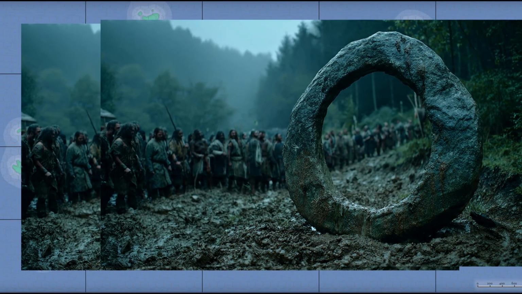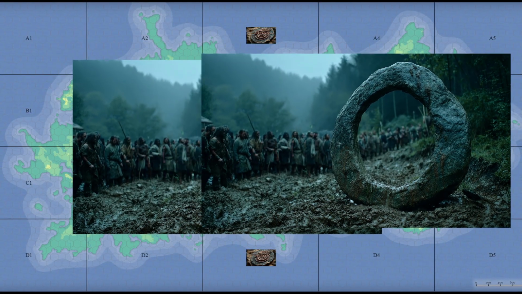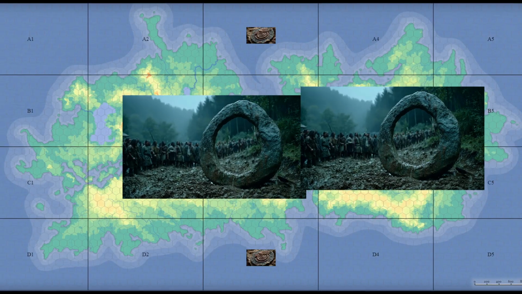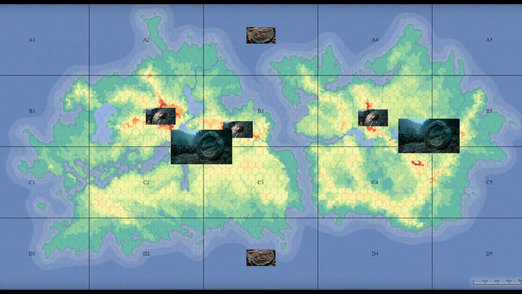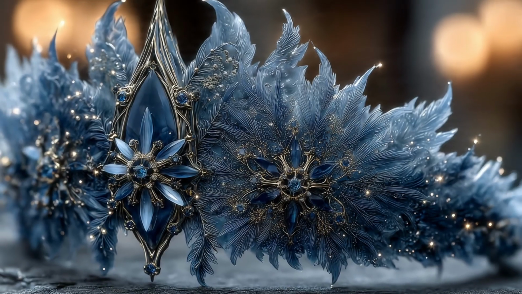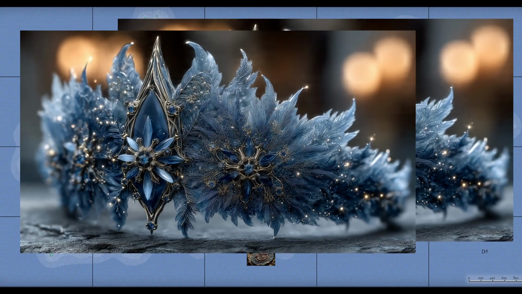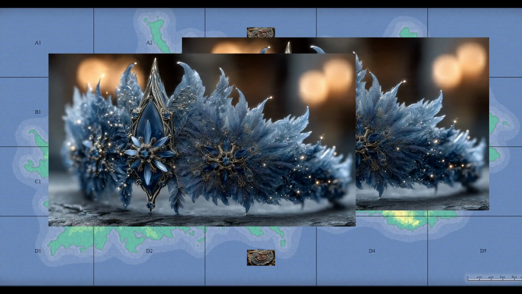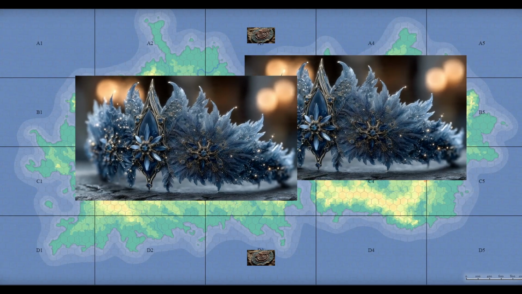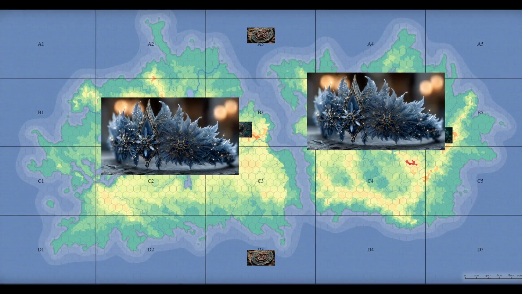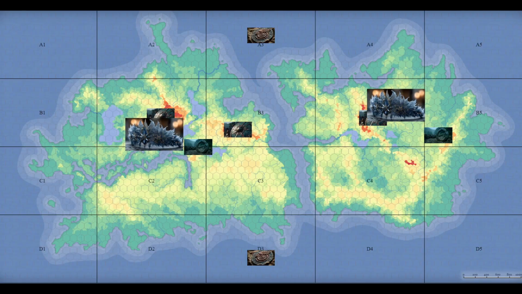The shape of the continents forces populations into the central isthmus, a bottleneck of constant conflict. And fourth, established dominance. The map itself chooses the winners, giving the protected mountain basins to the ancient elves while pushing younger races to the exposed, fractured coasts.